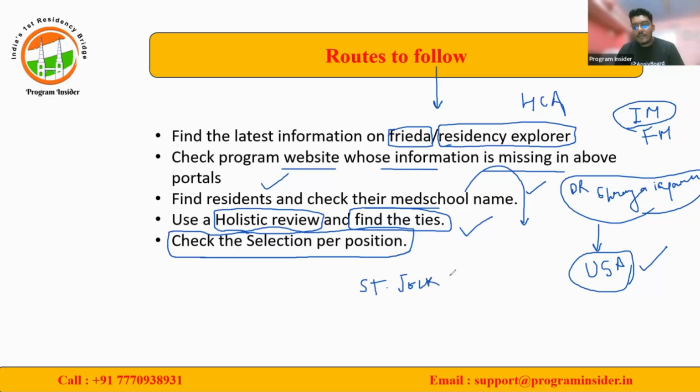Any guesses: to fill 15 positions, how many interviews did they do last year? Does anybody have any information about how many interviews that program took just to secure 15 positions?